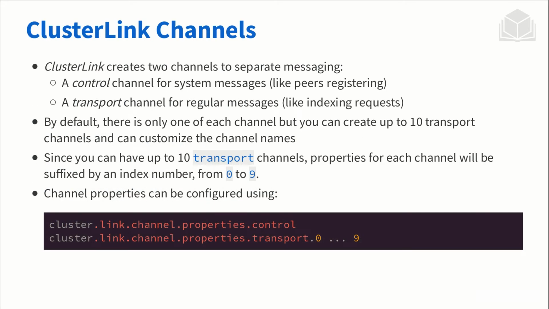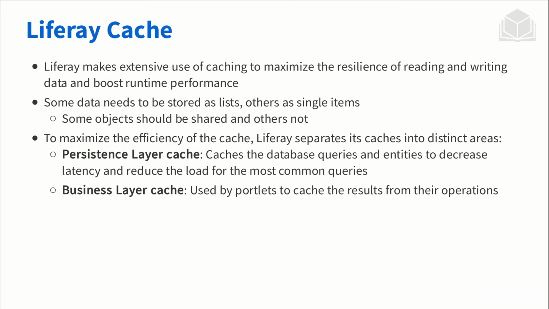So configure that for every single network, for every single cluster that you configure separately, and you'll be good to go. We have a couple of cluster link channels here. We have a control channel and a transport channel. To be honest, I haven't ever configured them, but there are some settings that you find in the documentation, especially in portal.properties, because this is a part of portal.properties where it gives you some hints on how to configure them if you are in the rare situation that you gotta go through here.